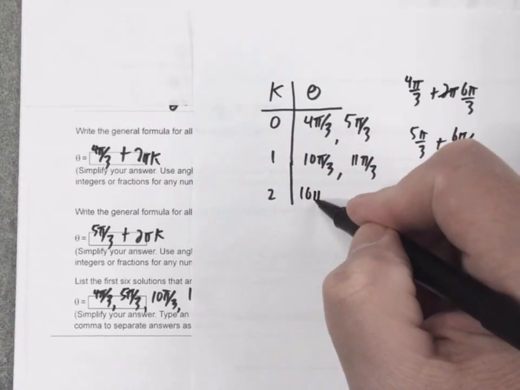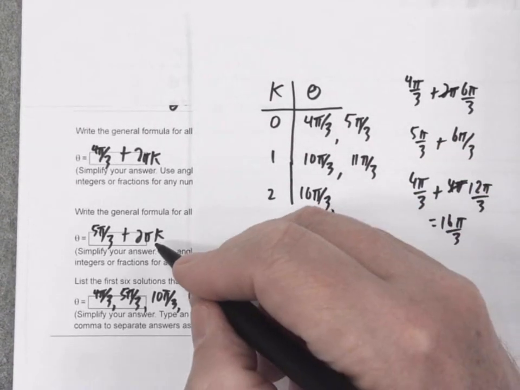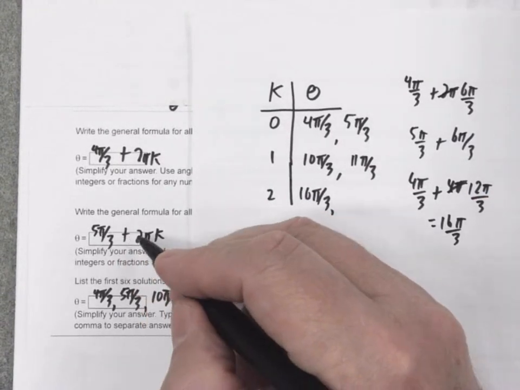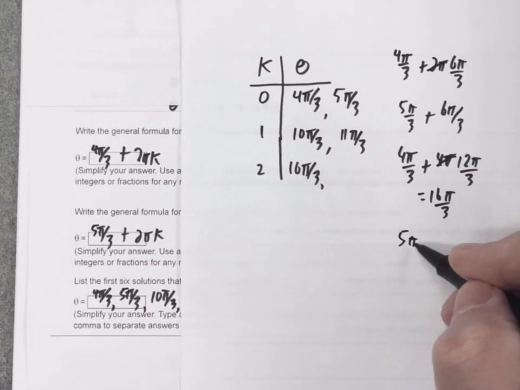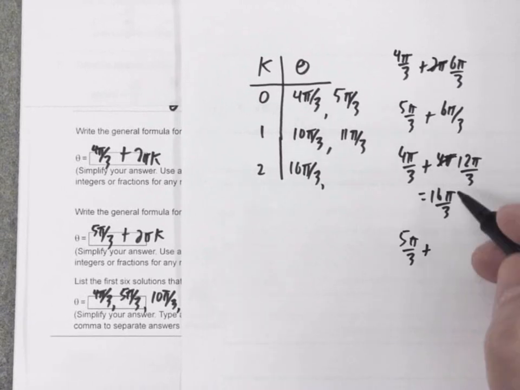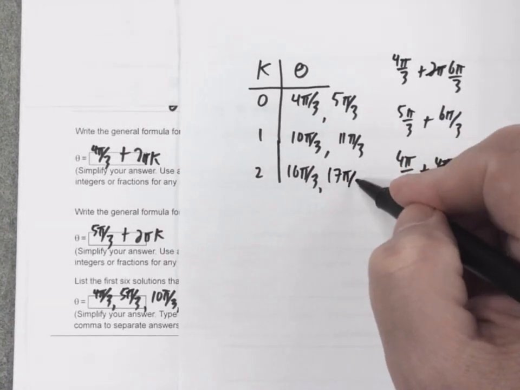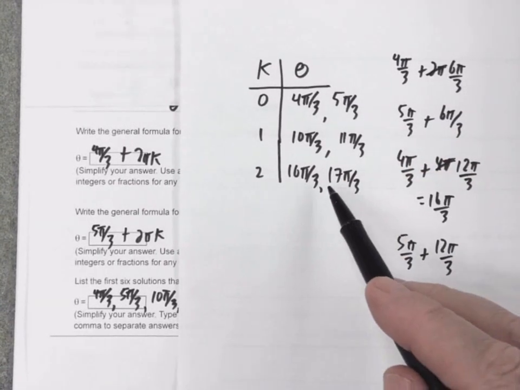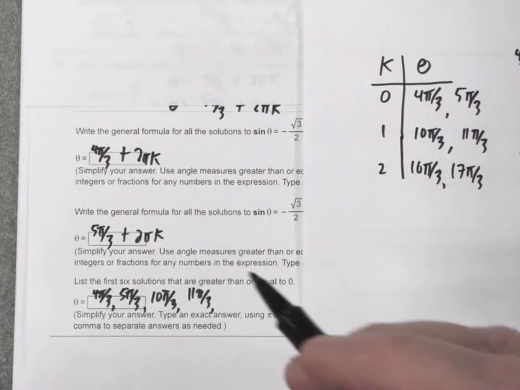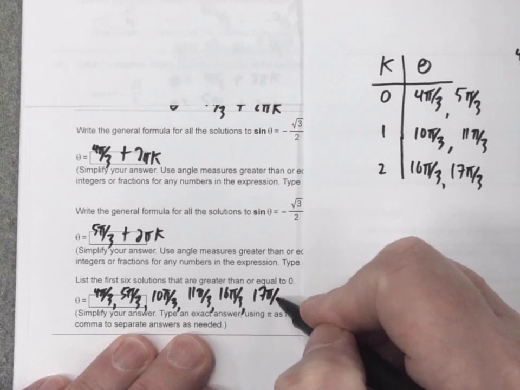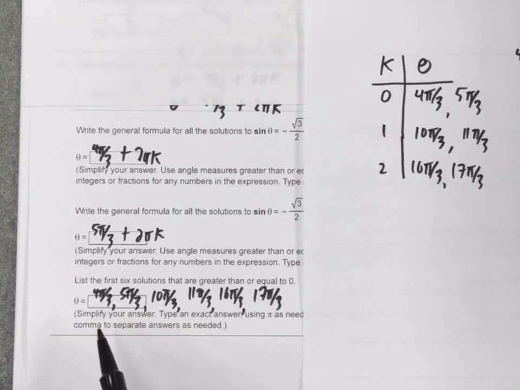And when I plug a 2 in here, it's 5 pi over 3 plus 4 pi. Well, 4 pi I know is 12 pi over 3, so that's 17 pi over 3. So there are my next 2 solutions, which I plug in here. 16 pi over 3 and 17 pi over 3. So those are the actual first 6 solutions.